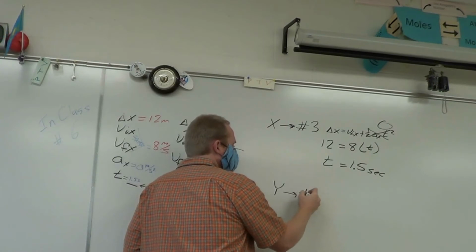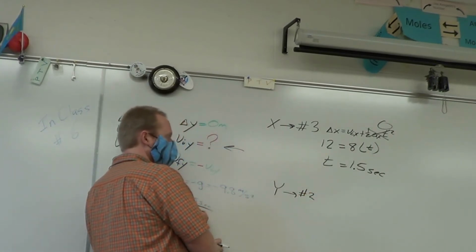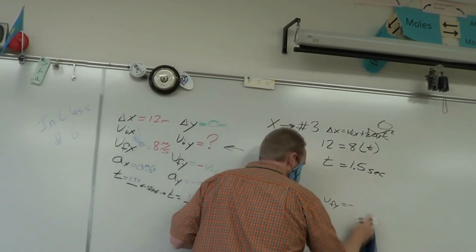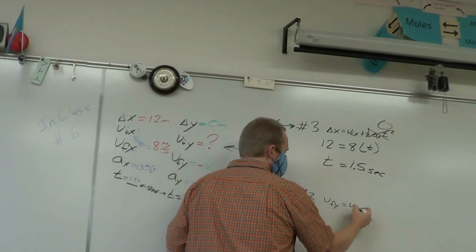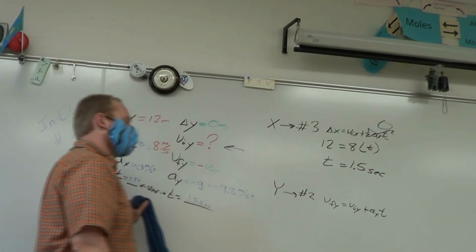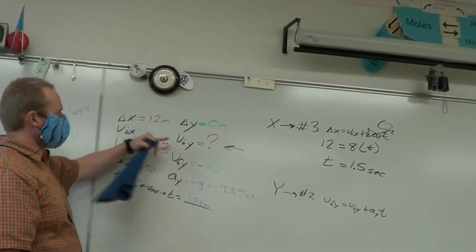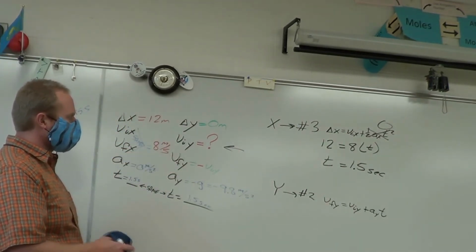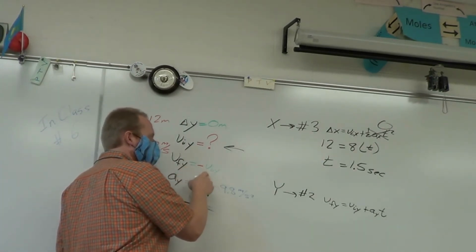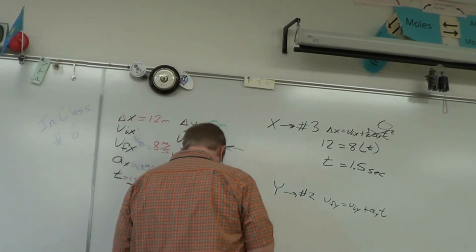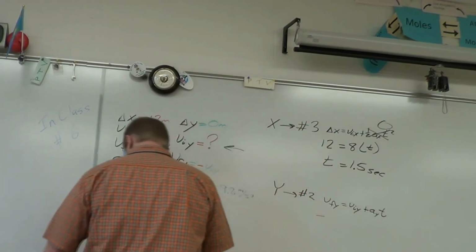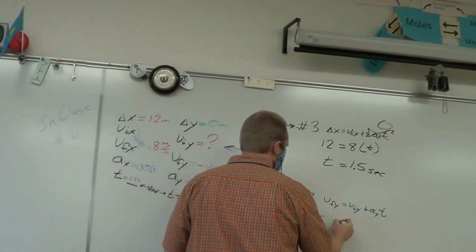But you could use equation number 2, because VFY is equal to VIY plus AY times T. And you can say, yeah, but I don't know VIY or VFY. You have 2 unknowns. And the answer is kind of, sort of. But remember, final velocity is equal to the opposite of initial. So we really can rewrite VFY as minus VIY.